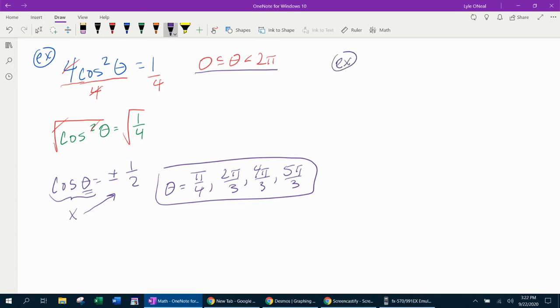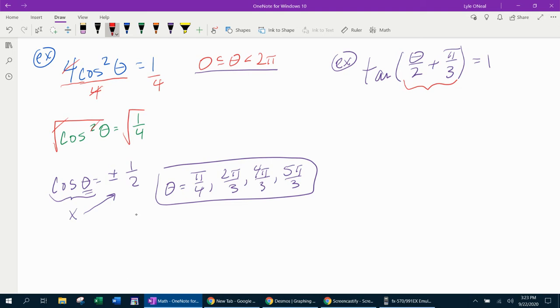Next example, let's look at tangent of theta over 2 plus pi over 3 equal to 1. Now in this case, we have a whole lot of stuff where theta usually is, okay?